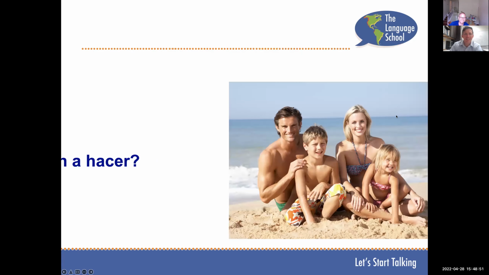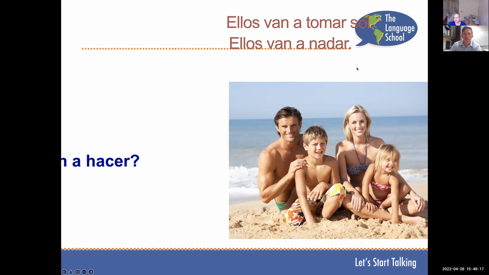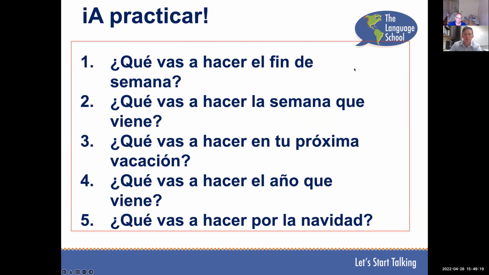Sí. ¿Qué van a hacer? Van a sacar una foto, claro. Aquí tenemos van a tomar sol. They're gonna take in the sun. Tomar sol. O ellos van a nadar. They're gonna go swimming at the beach.